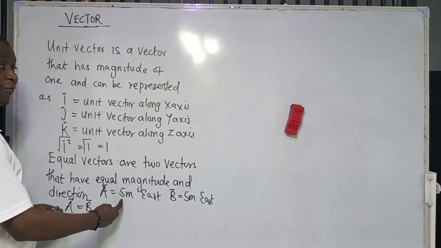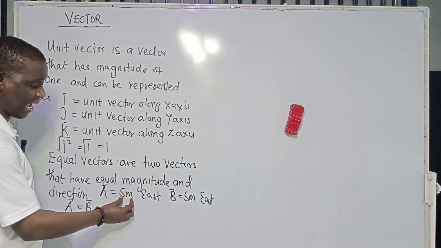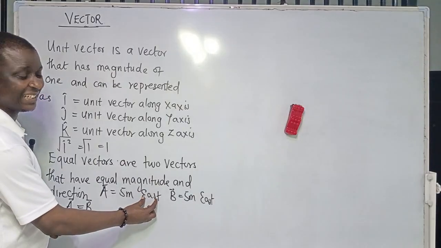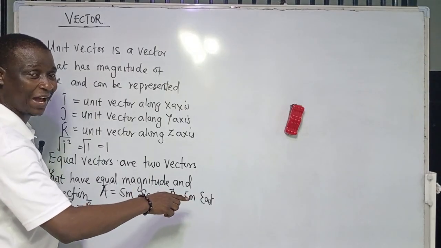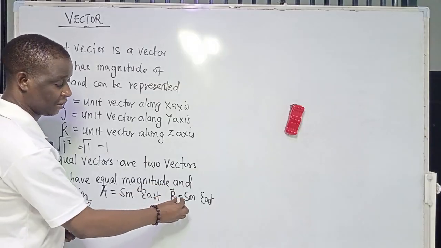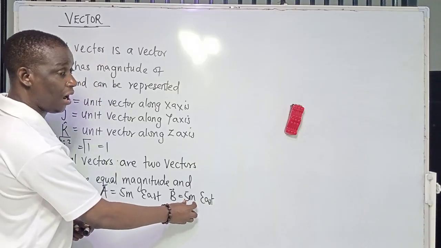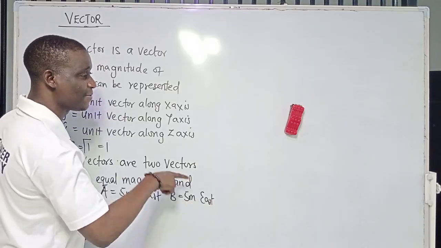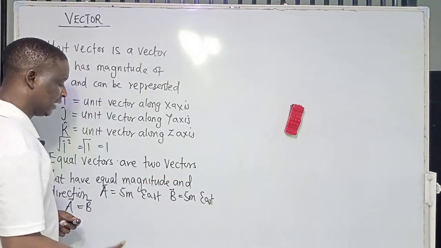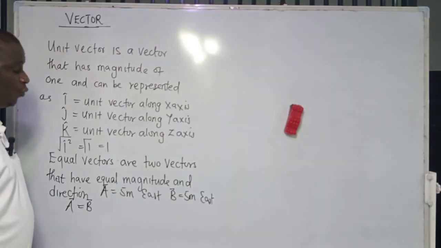The magnitude of vector A is 5 meter, and it is towards the east direction; the arrow will point towards the east. Vector B is 5 meter in magnitude, pointing east in direction. It means that vector A and vector B are equal.